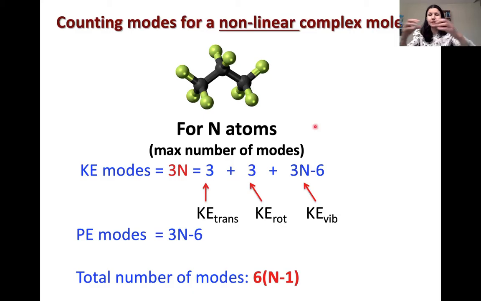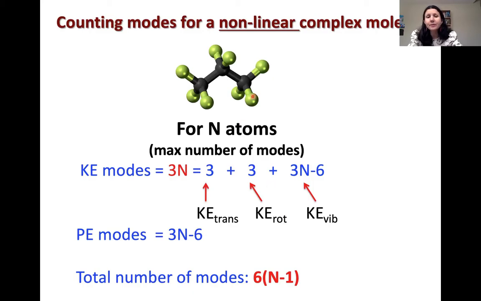When your molecule is linear, there's that one symmetric axis that does not allow for energy being stored in that rotation. However, when your molecule is not linear like this, or not symmetric about any specific axis, then we're going to have 3 rotational kinetic energy modes.